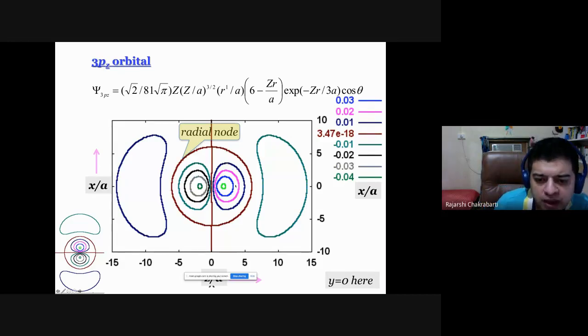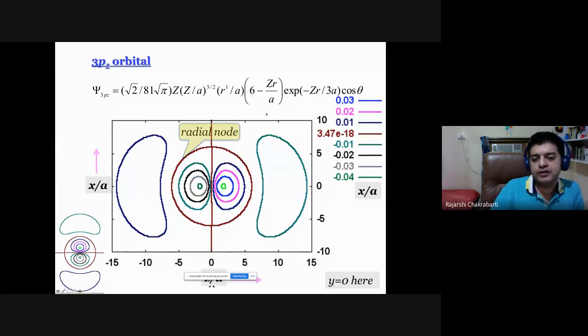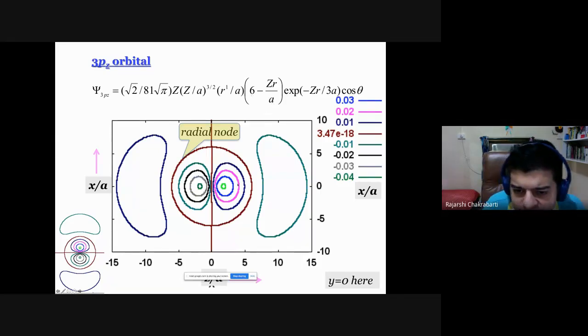So if you go away from the XY plane, your wave function should become positive, positive, positive, and it is positive up to a point when your r is less than 6a0. When your r is equal to 6a0, what is the value of the wave function?